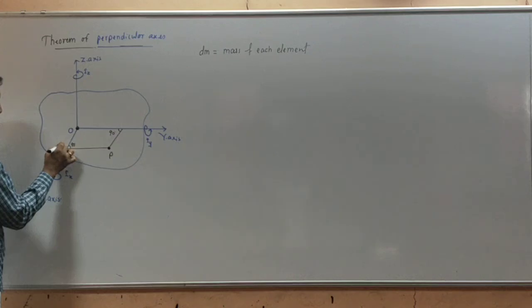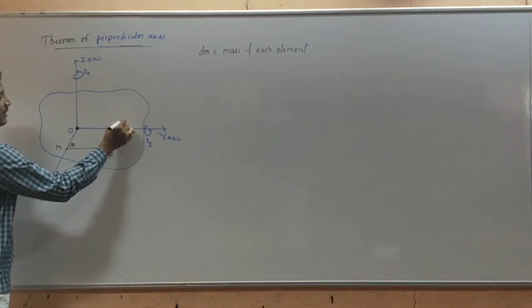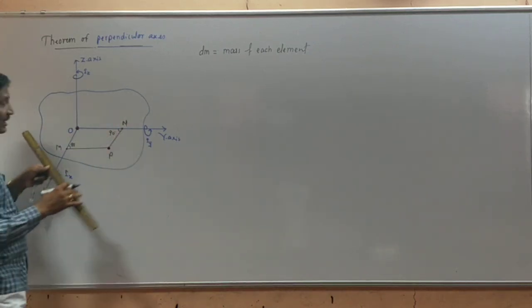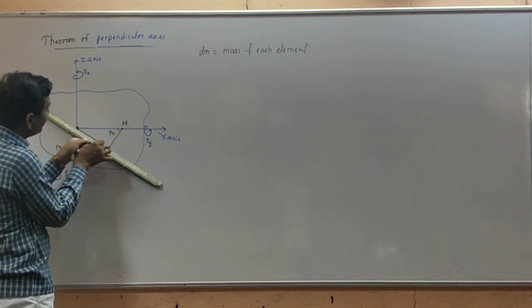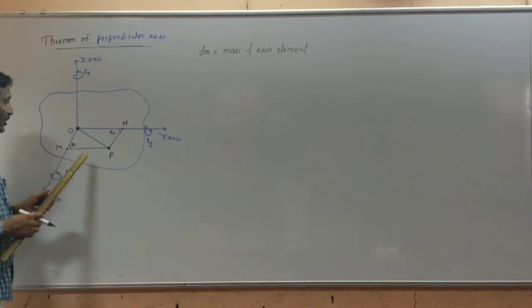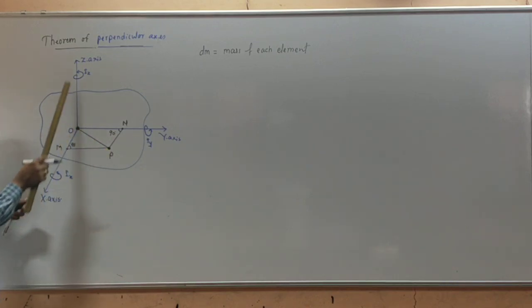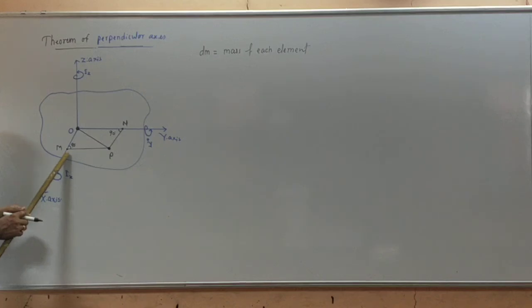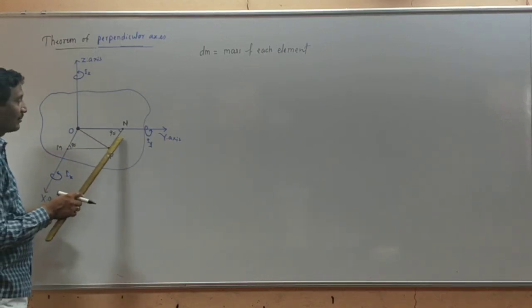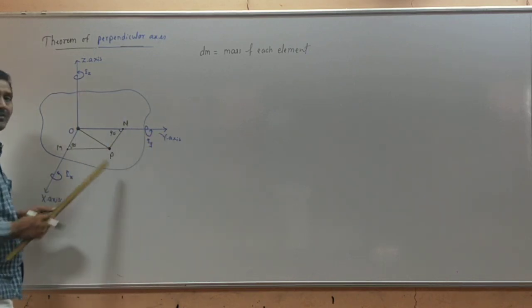Suppose this point is M and this point is N. The distance of point P from the z-axis is OP. So OP is the distance of the element from the z-axis, PM is the distance from the x-axis, and PN is the distance from the y-axis.